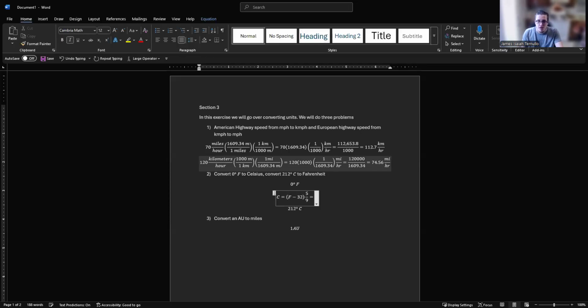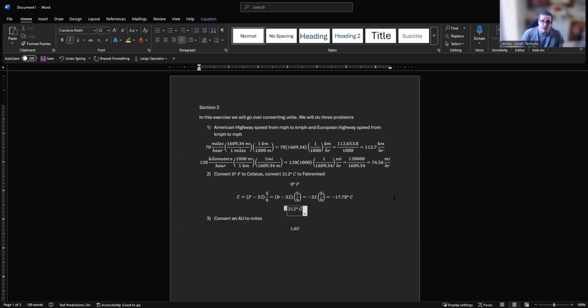So if I plug our value in, we're going to see that we get negative 32 times 5 divided by 9. And then if we go and we calculate this, we should see that that comes out to be negative 17.78 degrees Celsius.